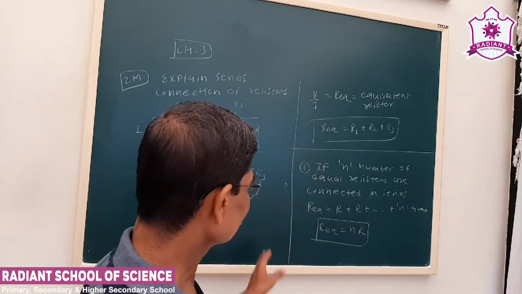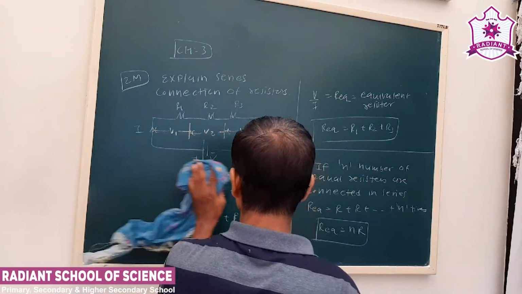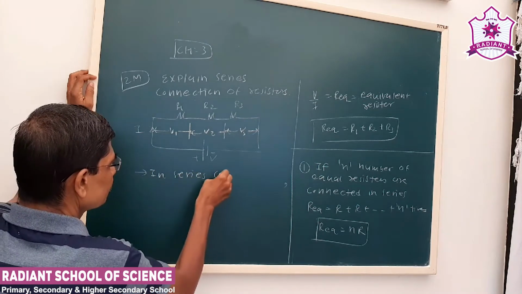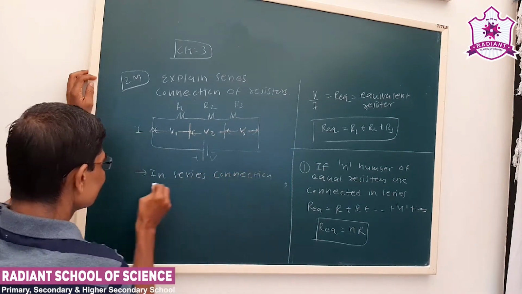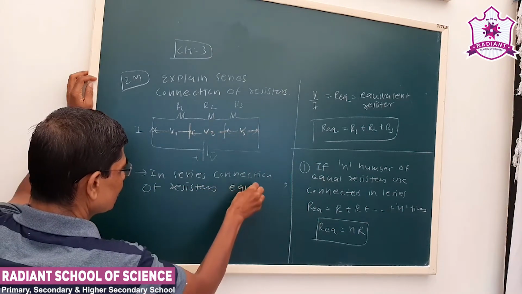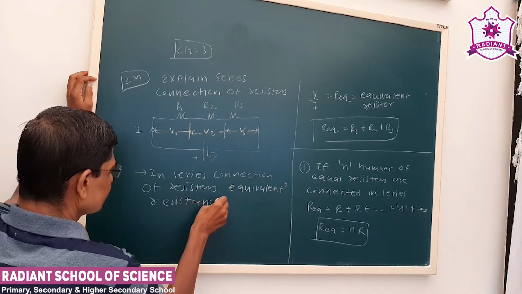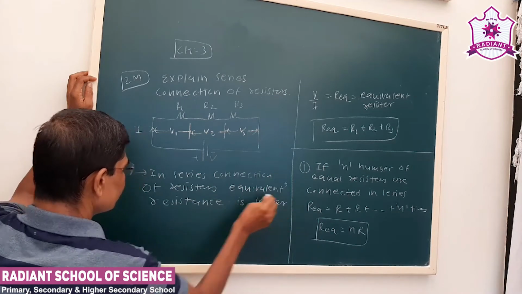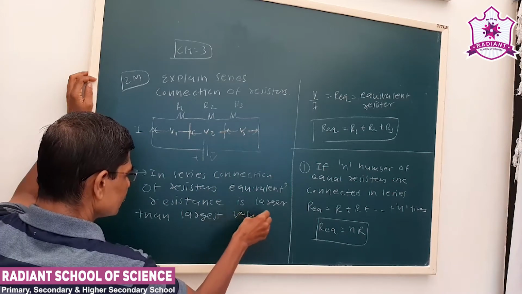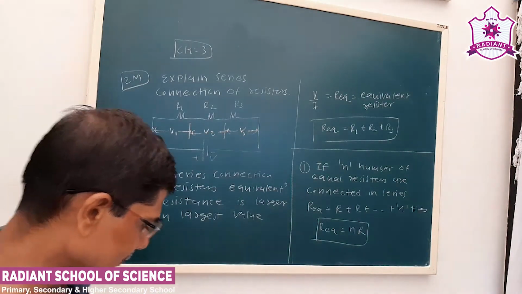Now what we see here is that in series connection resistance is added, so we can write like this: in series connection of resistors, equivalent resistance is larger than the largest value.